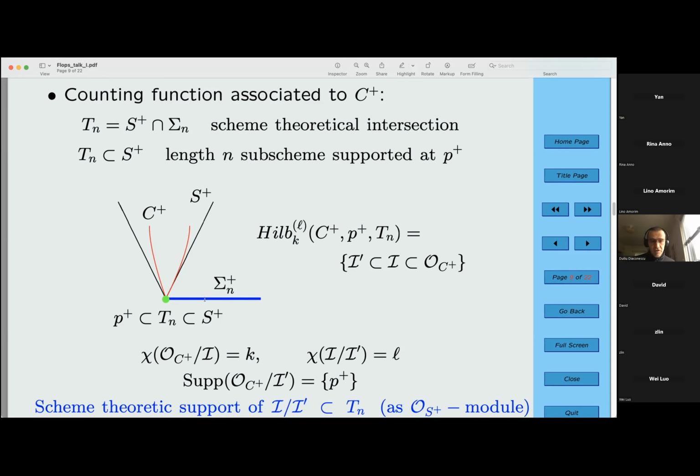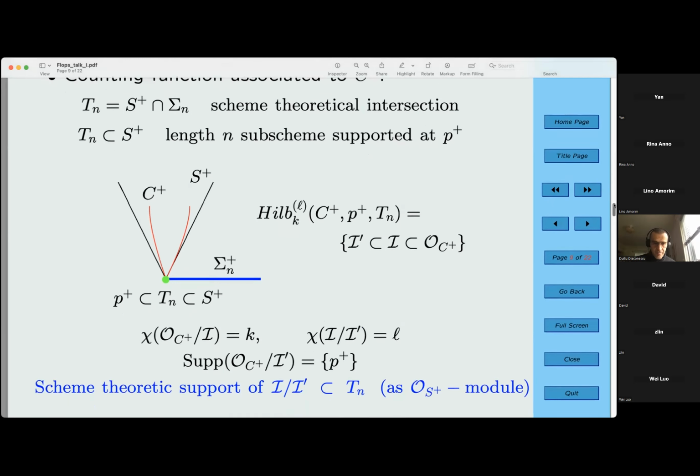So the canonical thickening is sigma_n plus. Now we take the scheme theoretic intersection between sigma plus and S plus. So we get this green blob here, which is meant to represent some kind of scheme theoretic thickening of P plus inside S plus. Okay, so you just have a scheme theoretic thickening of this point in there.